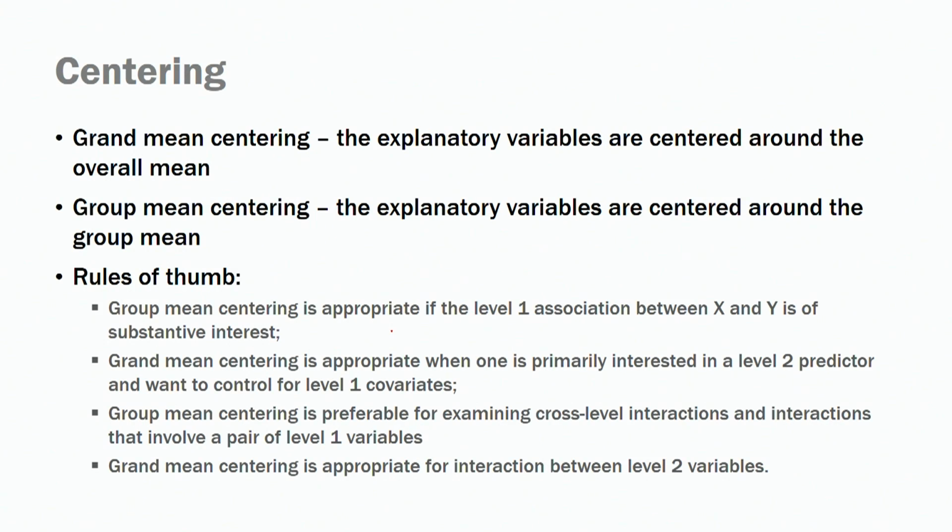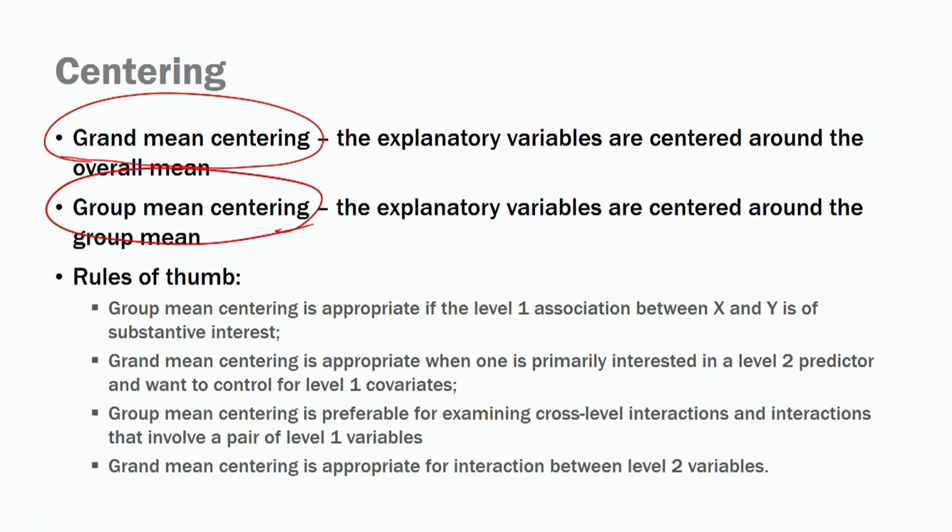Let's talk more about centering, because this is an extremely important point when we are running multi-level analysis. Okay? There are two options of centering. One is at the grand mean, and the other is at the group mean. At the grand mean, you get all those 600 observations and get the mean. And then you center that variable based on the mean of the 600 observations.